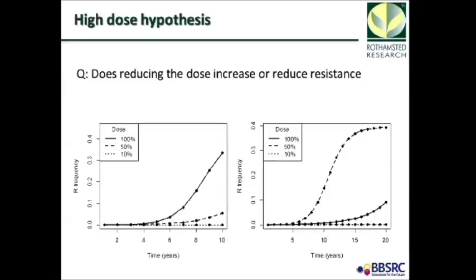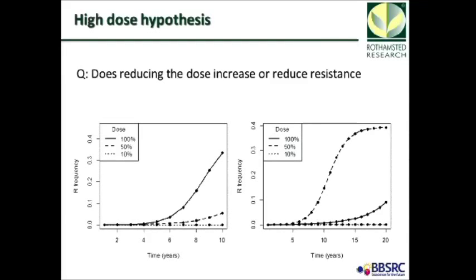In this left-hand graph, the full dose leads to resistance developing fastest, whereas on the right-hand graph, the full dose has a reasonably slow build-up of resistance. The half dose has a rapid development of resistance, and the 10% dose actually doesn't build up very much at all. And essentially what's happening is we have 2 different trade-offs here.